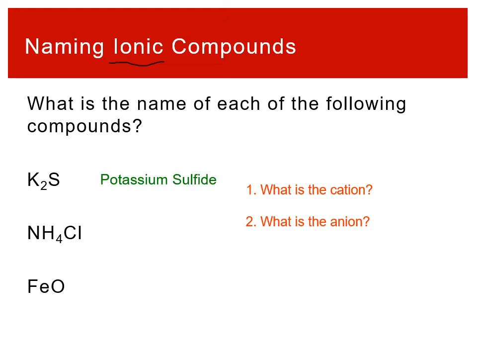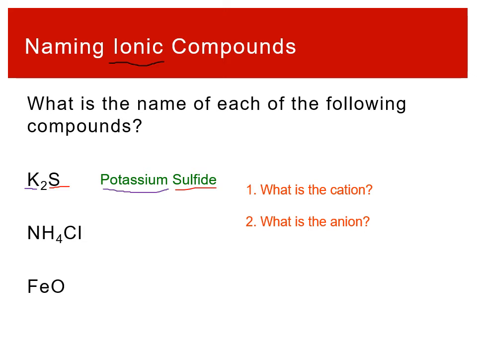So K2S, we can just look up that, if we're using the periodic table, K is potassium. And then we also know that S is sulfide or sulfur, but because it's an anion, you need to change that ending to the IDE, so potassium sulfide.